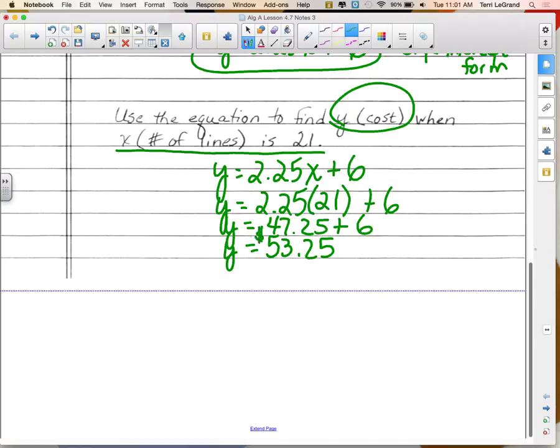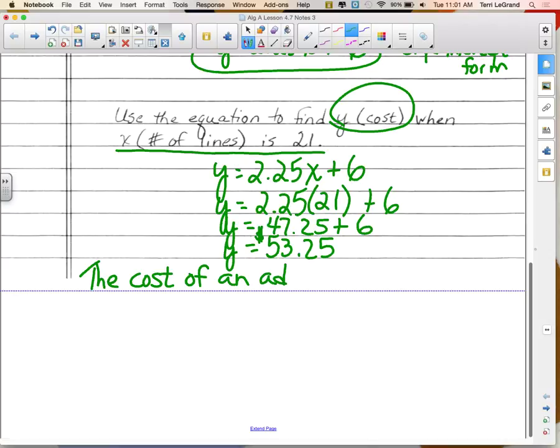So what would be a sentence we could write for this? What would they ask? The cost for 21 lines in a news ad. The cost for 21 lines in an ad is $53.25. Okay, here we go. The cost of an ad. Why don't we write the total cost?